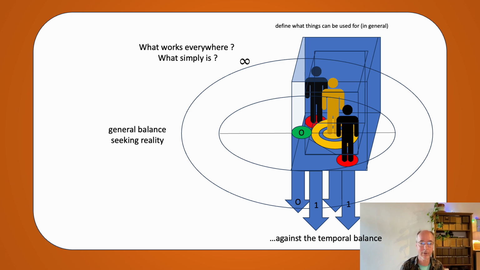We have a 0 point, so we will find the elements between 0 and the infinite. And if we have two different paths, the one from the other, the one from me, you might not always find the good match between this first one and the other one, but we could find a general balance that will work for both of us, because these are the general rules. It's the general balance of reality, which is even much more superior against the temporal foundation.